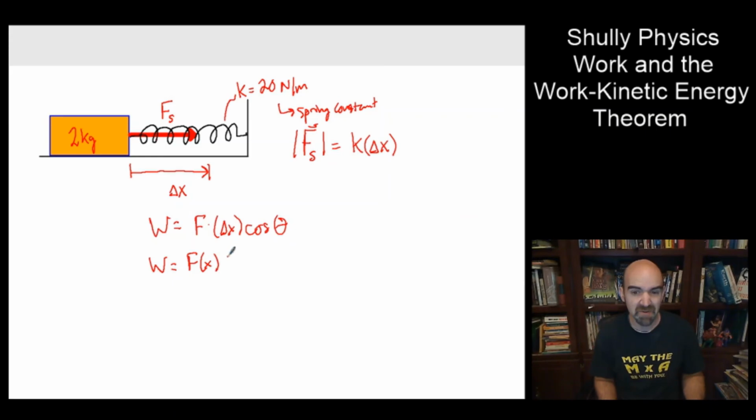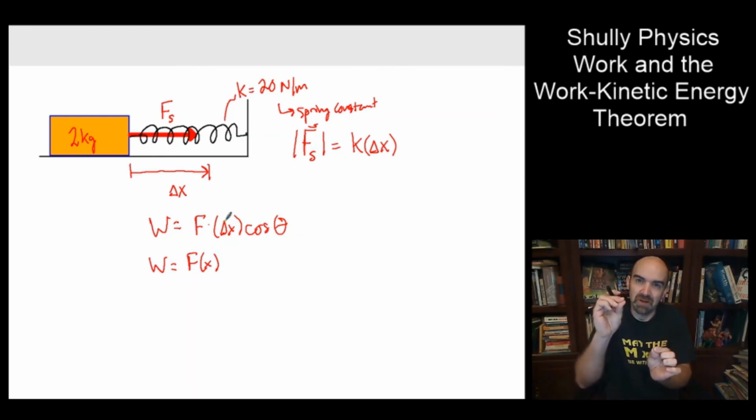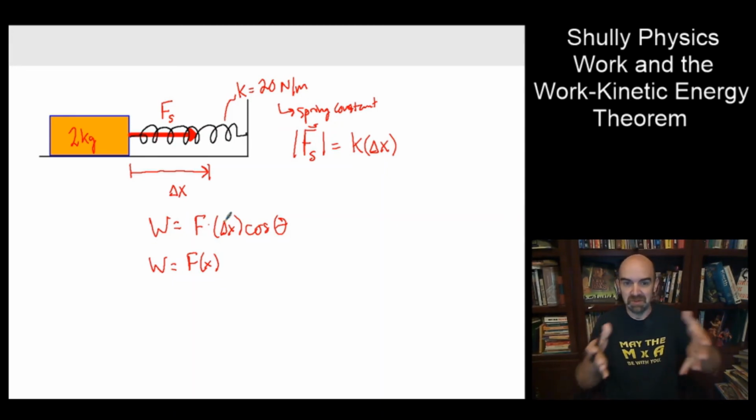So we've got an F of x happening here. And since this is a changing force, it's not a constant, that means with this delta x, we've got to stop looking at just a large change in position, but we need to add up the little pieces of work over small displacements as this spring compresses from its stretched out position to where it's going to go.